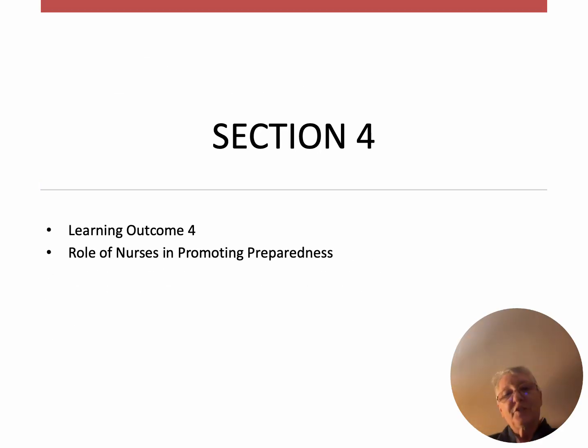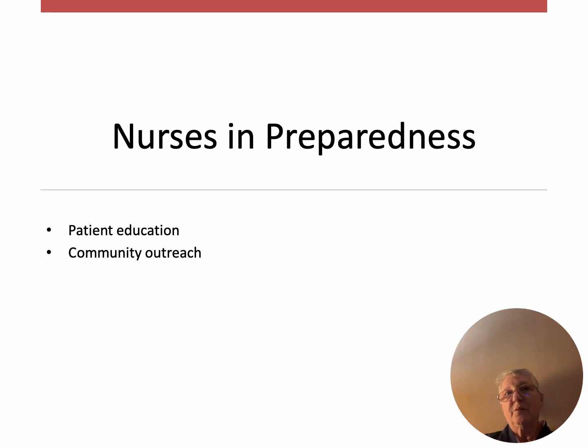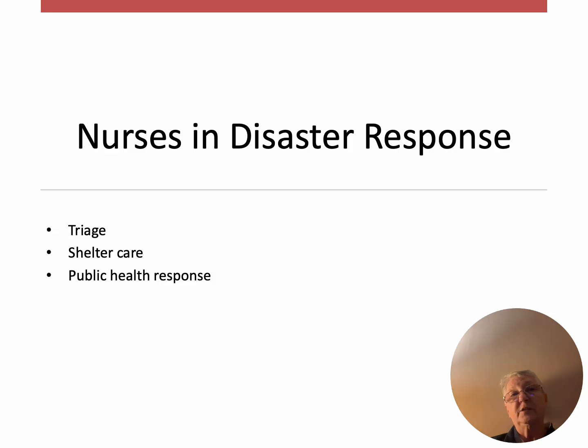Okay, Section 4. Nurses play essential roles in disaster preparedness and response. Nurses educate patients about preparedness planning, and they help communities build resilience. They also do community outreach. During disasters, nurses perform triage, provide shelter health care, and assist with public health interventions.